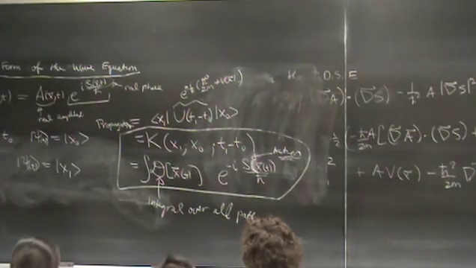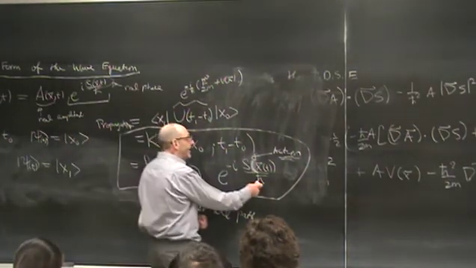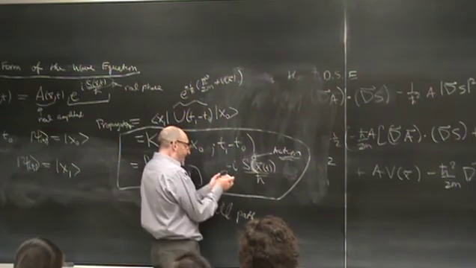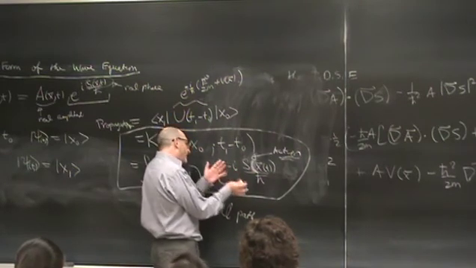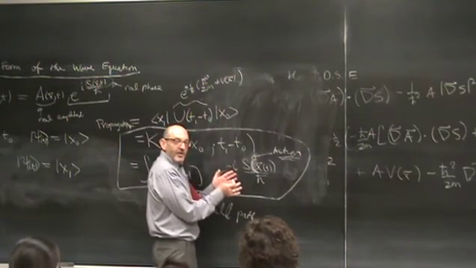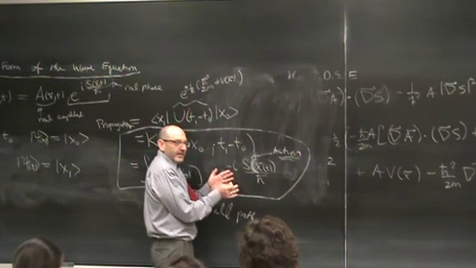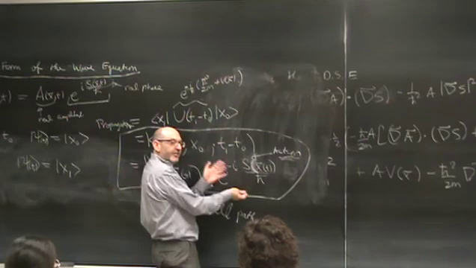In the limit that h bar is a tiny, tiny thing, generally, all these different paths are going to kind of cancel each other out. Because they don't have the same phase? They have wildly different phases.